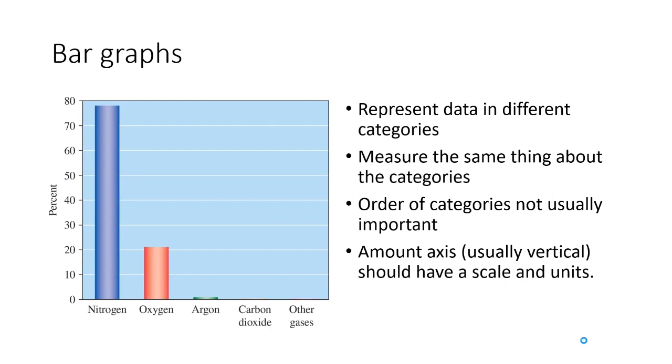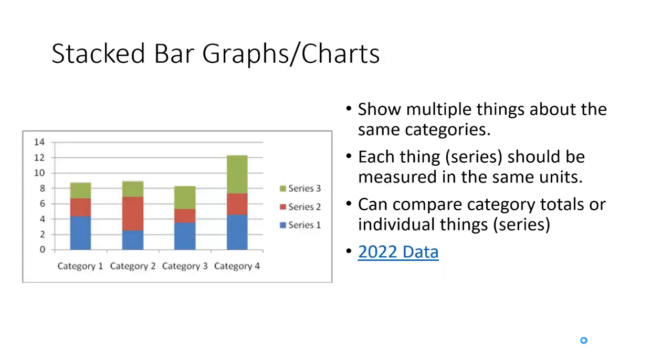So I could see the total amount of graduates, but I can also see the portion that changes each year. So I could see that red portion got really big in the second year and then small again in the third year. Okay, so this allows us to put more information in.